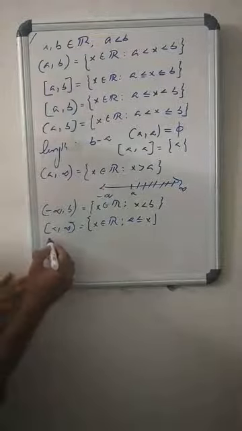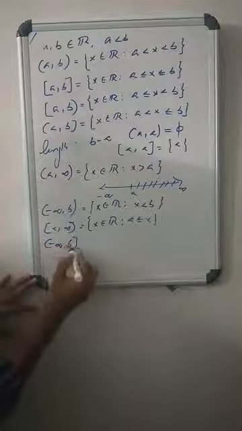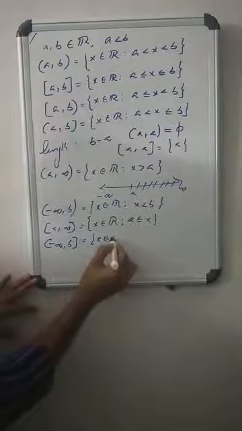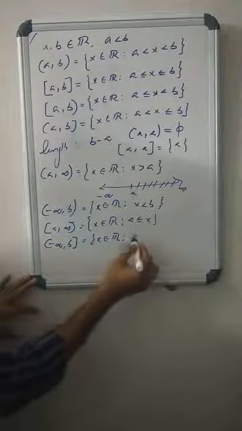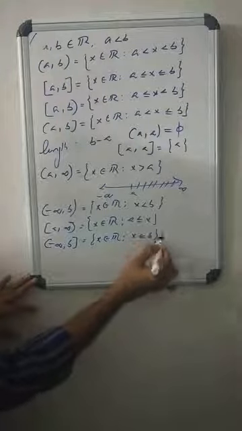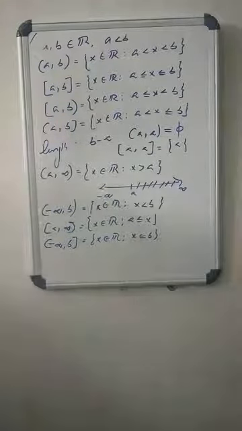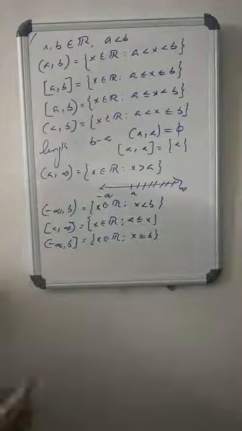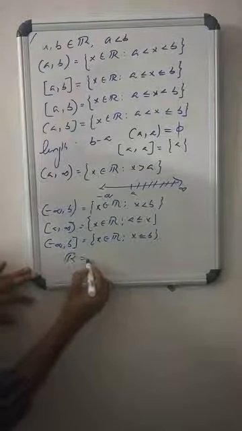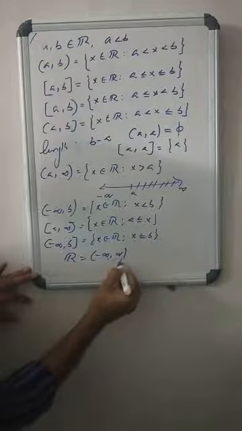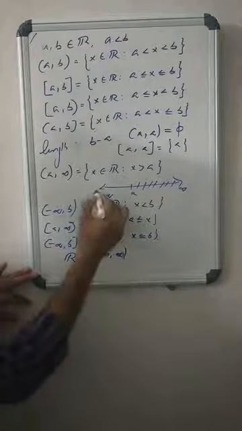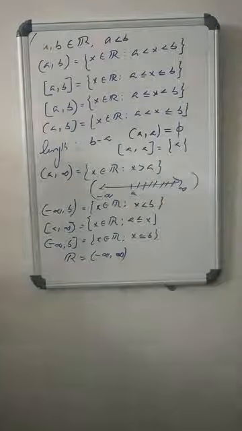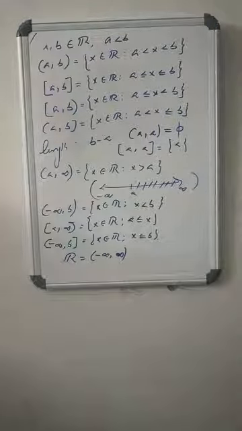And the open-closed interval (−∞, B] equals the set of all x in R such that x ≤ B. So what is R? Actually, the set of reals R is the open interval (−∞, ∞). So these are the intervals.